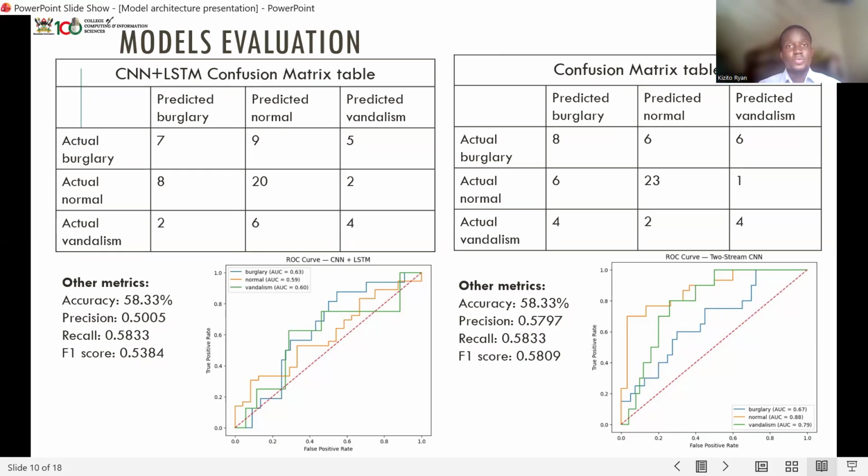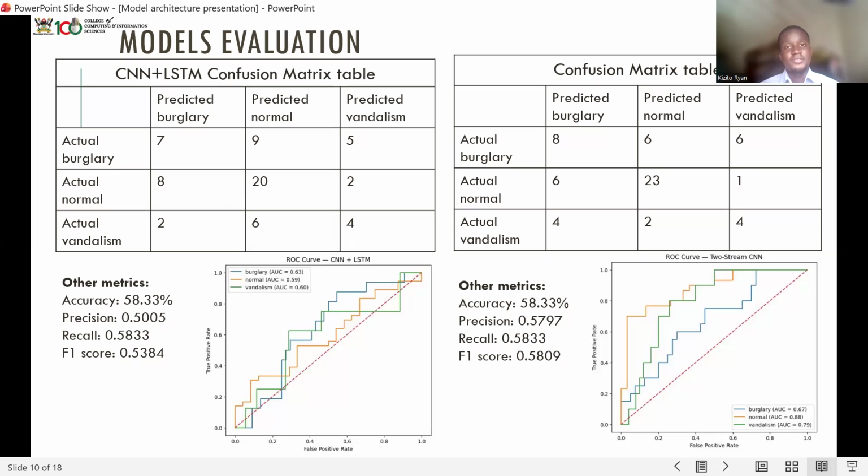Precision, on the other hand, is what proportion of the predicted positives are actually true positives. Recall is what proportion of the actual positives, both true positives and false negatives, has been predicted correctly.